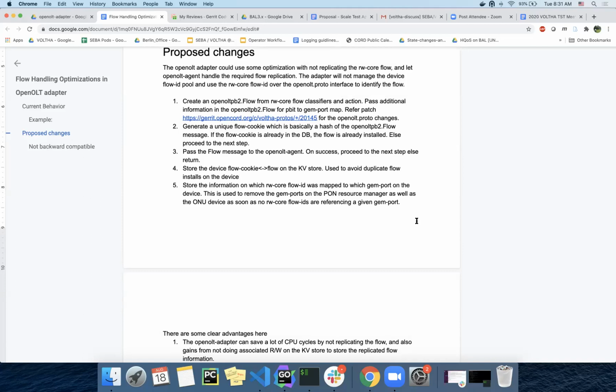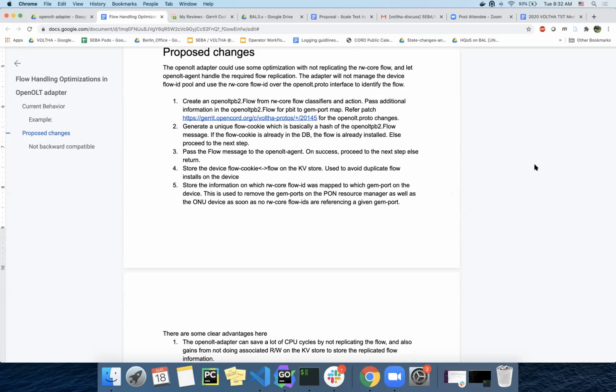So you have two different data path flows, say in the downstream, and these two flows do not carry a p-bit. So you have two flows that are mapping to all the gemports. You don't free up the gemport as soon as the first data path flow is cleared.